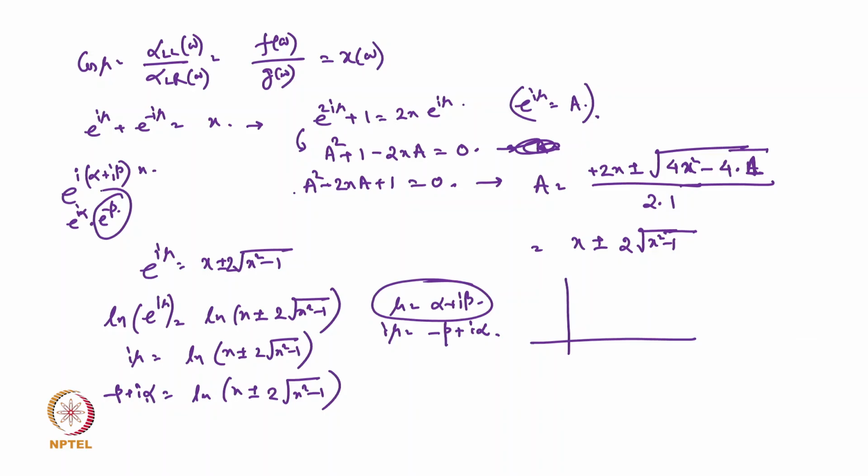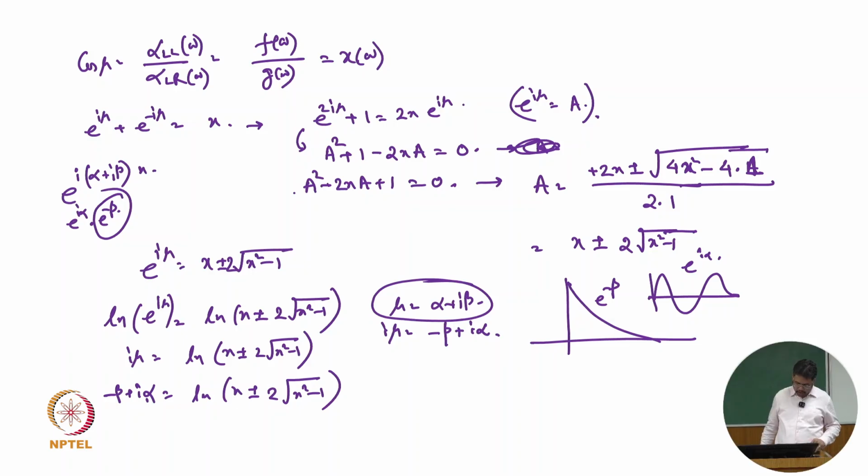Minus beta is decaying the whole thing, and e to the power i alpha is primarily a propagating thing. So e to the power i alpha is propagating, and e to the power minus beta is decaying. We can get the solution in this manner.